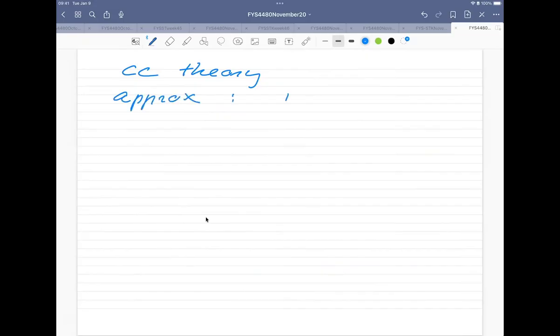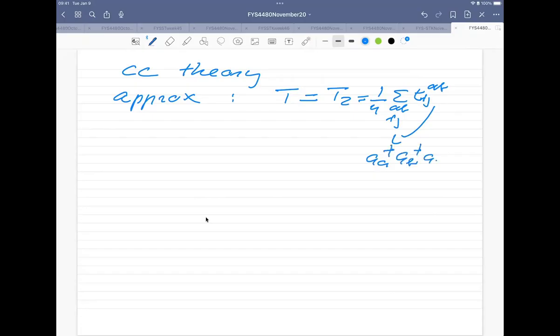and that means that the amplitude T is just equal to T2, which is 1 divided by 4, sum over AB, IJ, of the unknown amplitudes t_ij^ab, and this is then multiplied with a†_a a†_b a_j a_i.